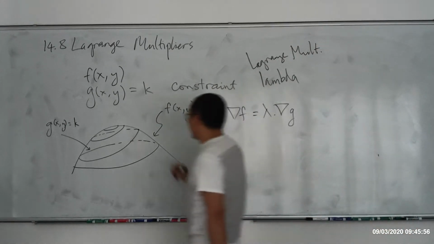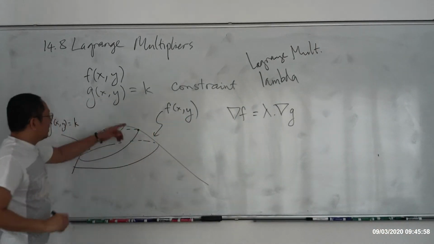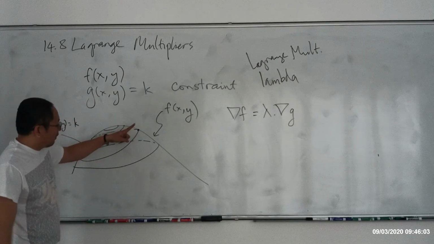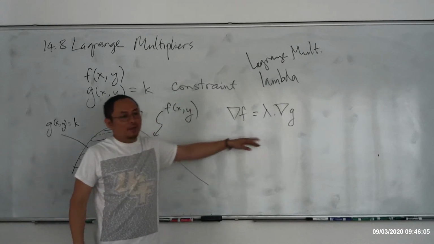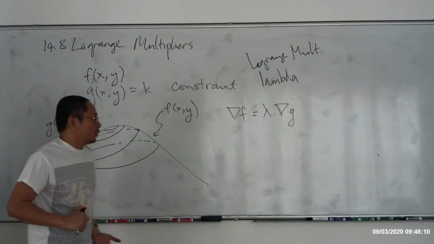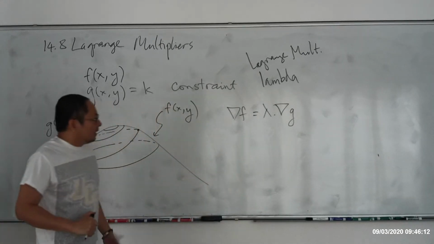So if you have a maximum on G that is also on F, then the two normal vectors are going to be in the same direction. They may not have the same value if they're proportional by a constant, lambda, but it's the same direction.